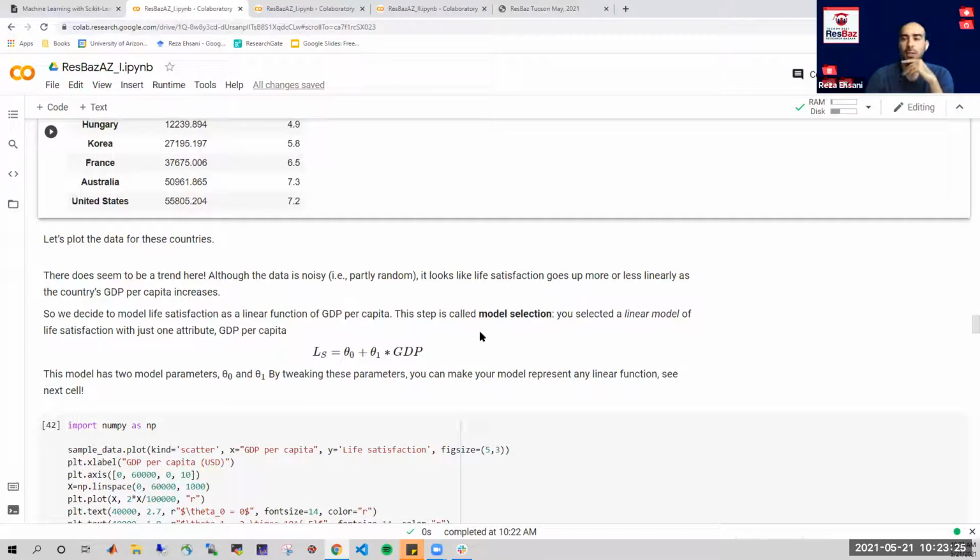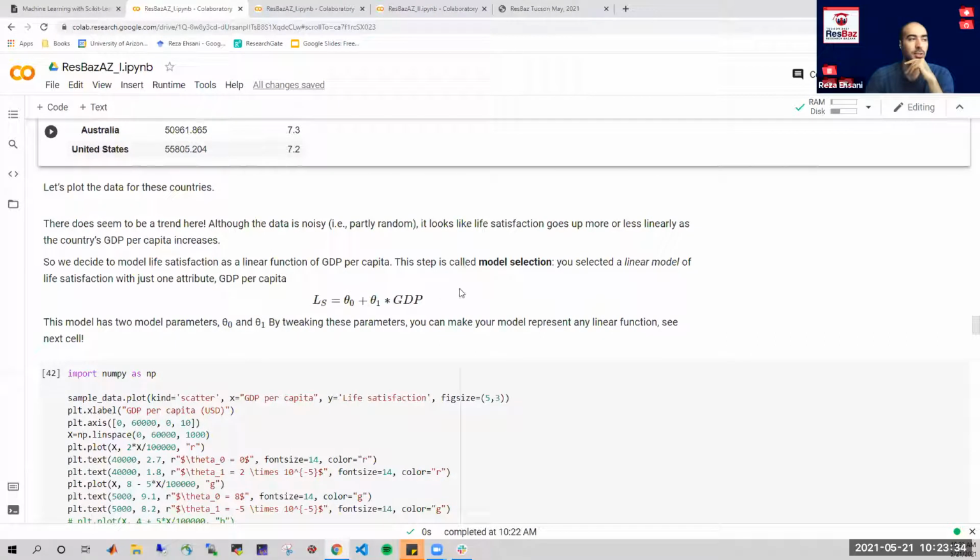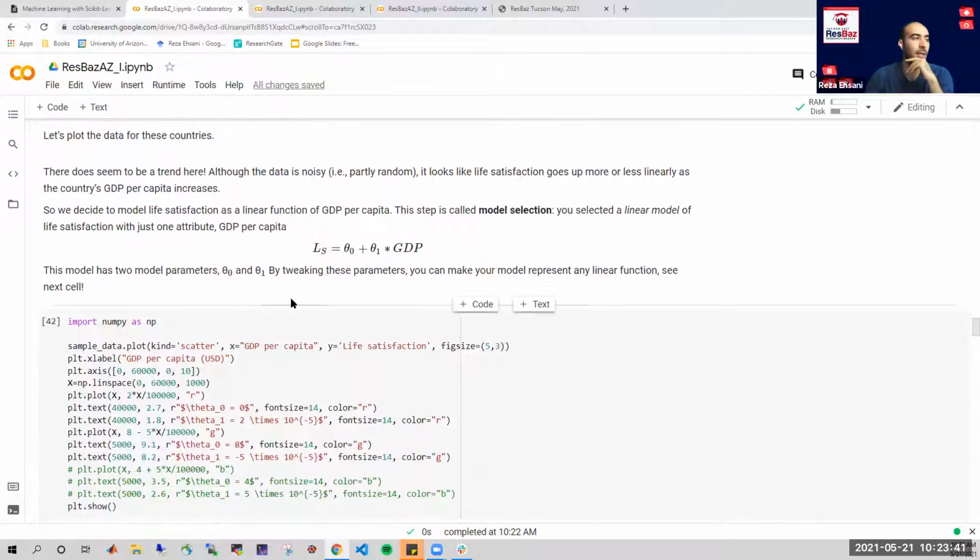So we decide to model life satisfaction as a linear function of GDP per capita. This step is called model selection. We select a linear model of life satisfaction with just one attribute, which is GDP per capita. Based on this linear relationship, life satisfaction is equal to theta 0 plus theta 1 multiplied by GDP per capita, our model has two parameters, theta 0 and theta 1.